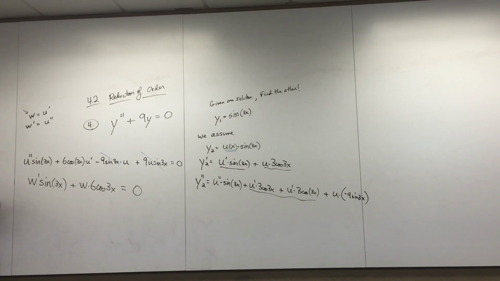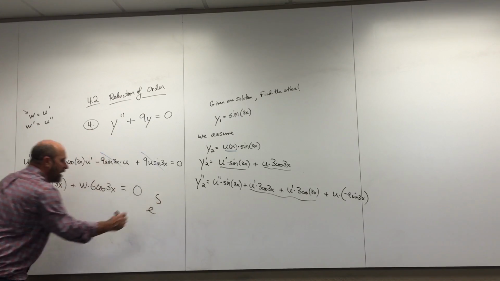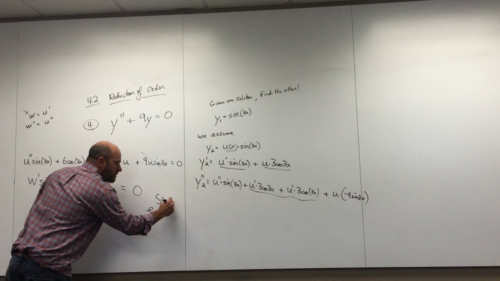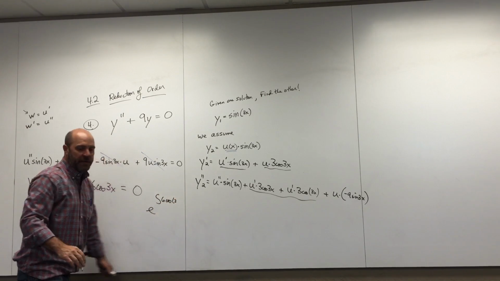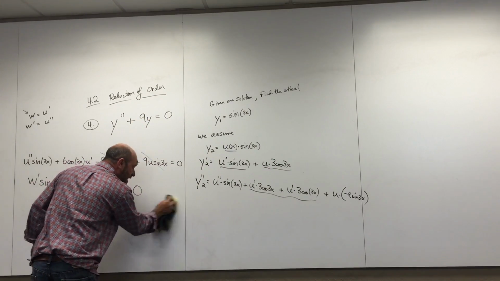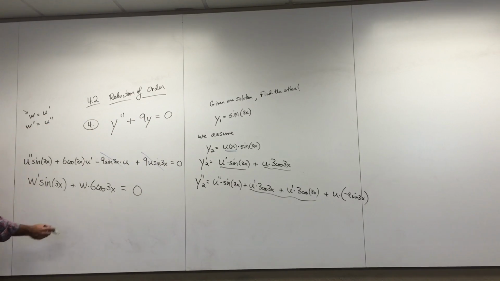I'll do the integrating factor method. That means I got to do e to the integral of 6 cosine 3x. Wait, do you not need to divide by the sine 3x? Oh, sorry, big time, yes. Thank you. That's why I need you guys.